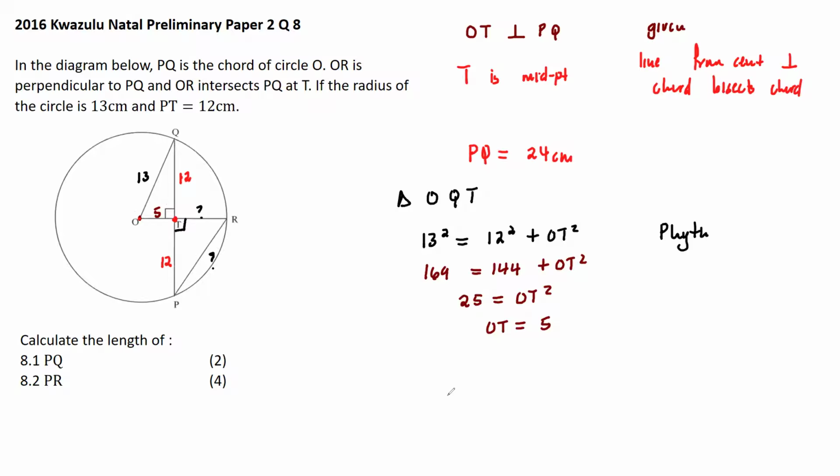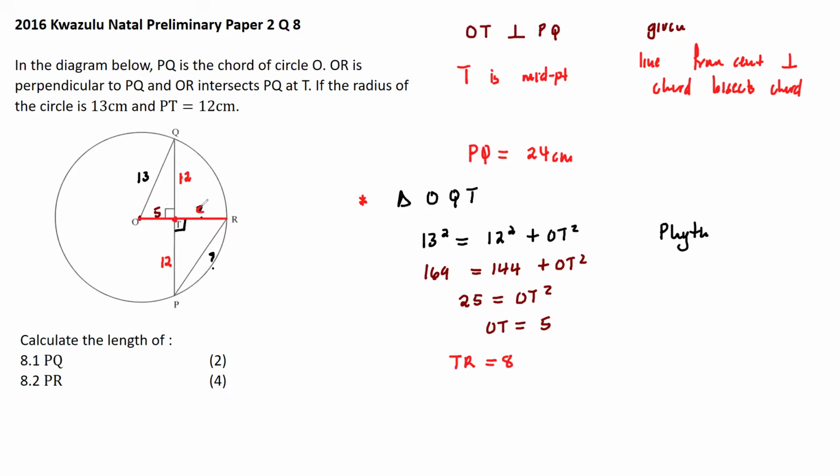By the way, fam, check this out. Notice that OR is also radius. OR is also 13 because it starts from the center to the end of the circle. So OR is 13. So that means if OT is 5, then TR would be equal to 8.